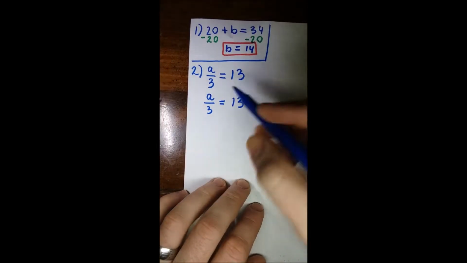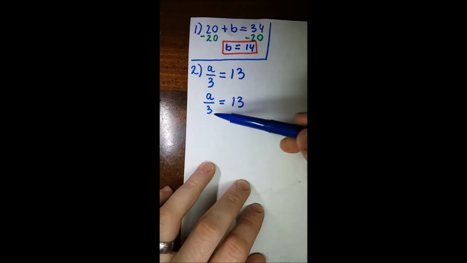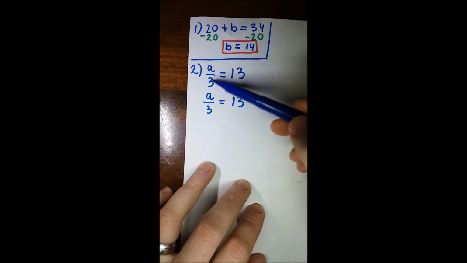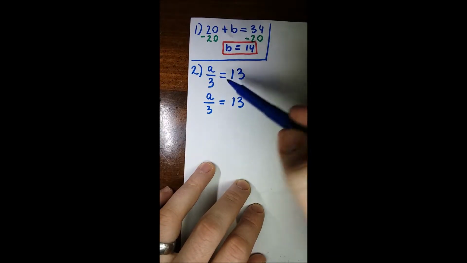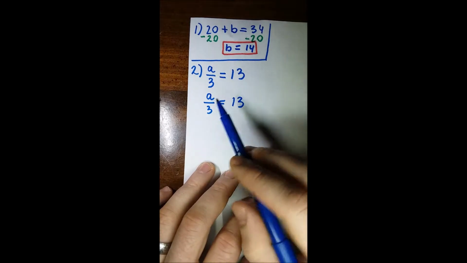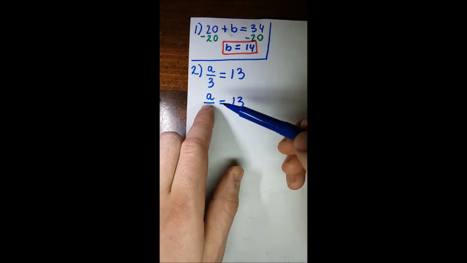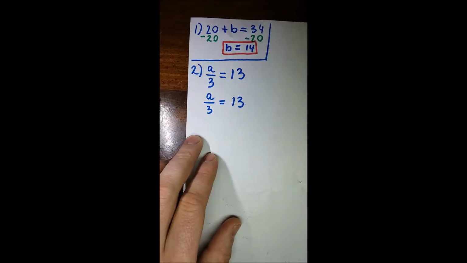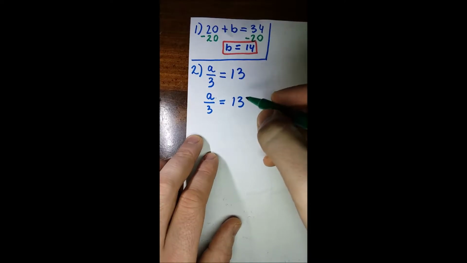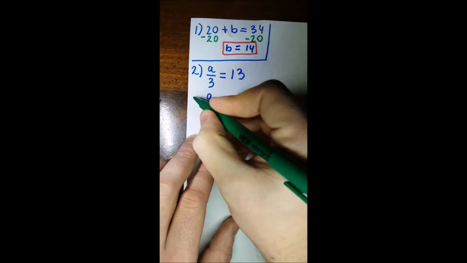Number 2, a over 3 equals 13. I rewrote this because I didn't have enough space in front of the original equation. So a divided by 3 equals 13. This is a division sign. If it's division, to undo division, we multiply. We must multiply both sides by 3.